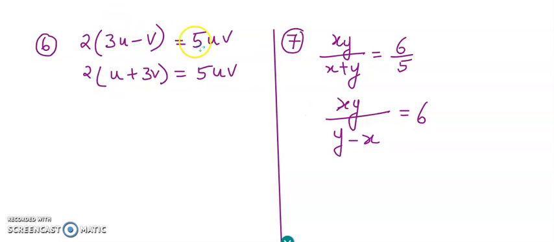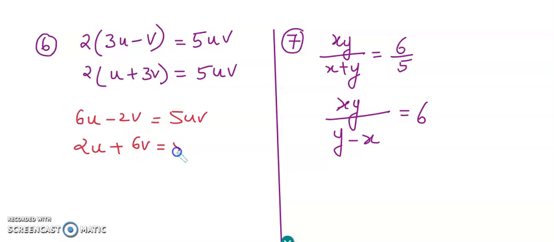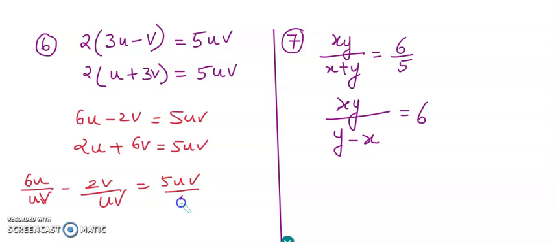Same way, you can take these questions. Yes? So what you'll be doing in this one, you'll divide by uv, because before dividing by uv, you have to multiply the 2 inside. So your equation will change first as 6u minus 2v equals 5uv. Then 2u plus 6v equals 5uv. Now you're going to divide by uv: 6u upon uv minus 2v upon uv equals 5uv upon uv.